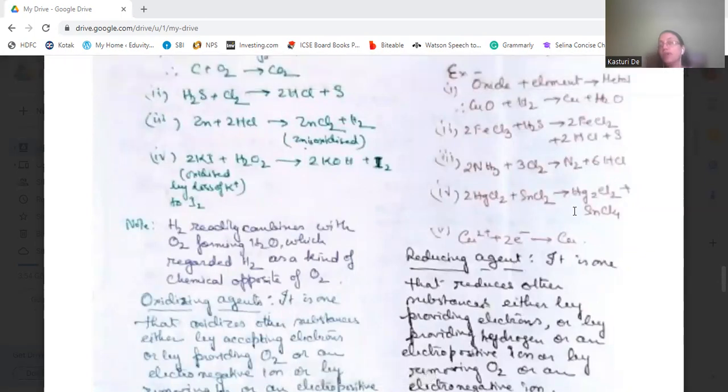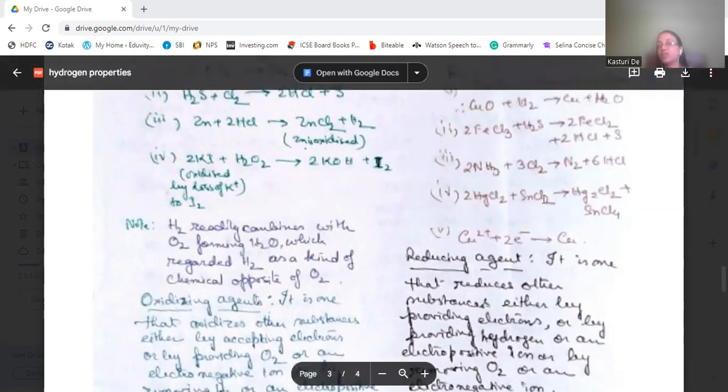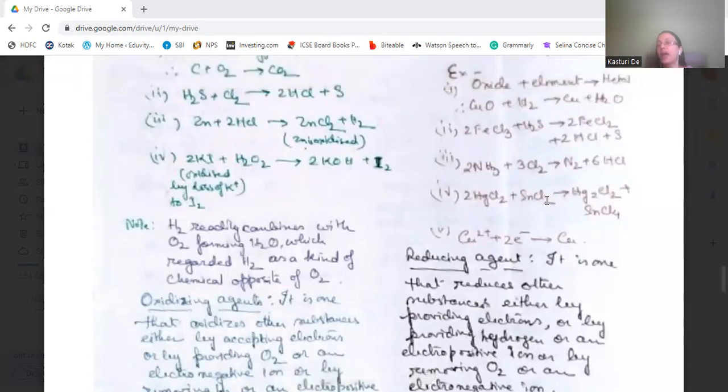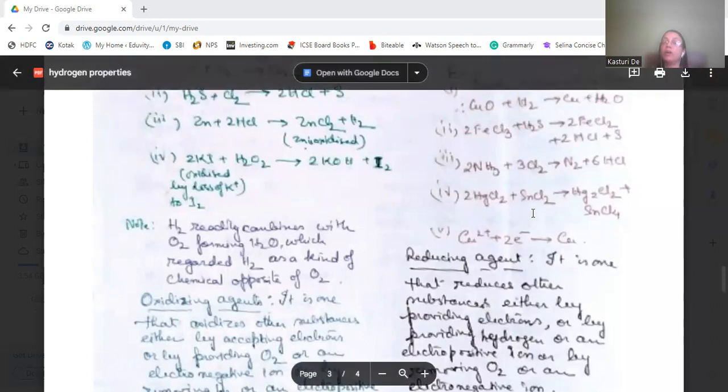So we can see here that this stannous chloride is adding mercury to mercurous chloride, making it Hg2Cl2. One mercuric ion is added here.